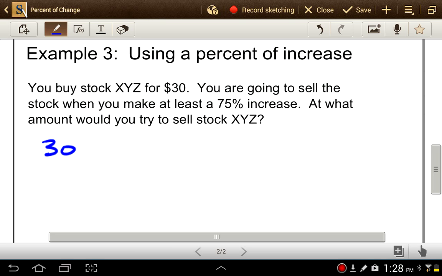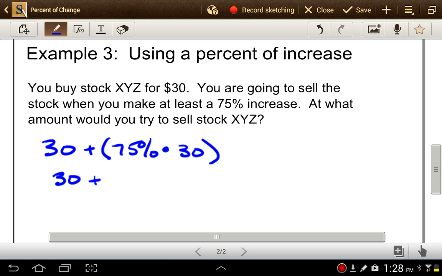I'm going to add to it my percent that I want it to increase by the original amount. So I'm going to take 75% times 30. The 30 is my original amount, that's how much I started with, plus the 75% times 30 is the increase that it's going to go up.